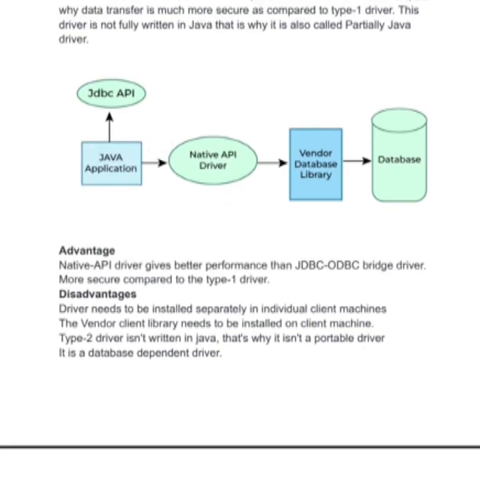Native API driver gives better performance than JDBC ODBC bridge driver and is more secure compared to the type 1 driver. Disadvantages of native API driver: the driver needs to be installed separately on each individual client machine. The vendor client library needs to be installed on the client machine. Type 2 driver isn't written fully in Java. It is a database dependent driver.